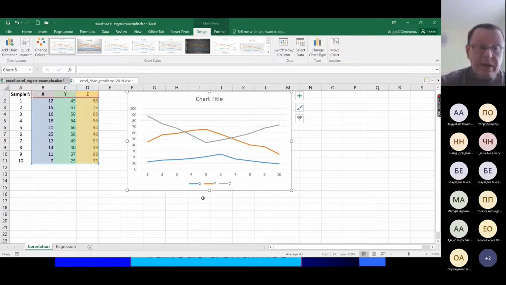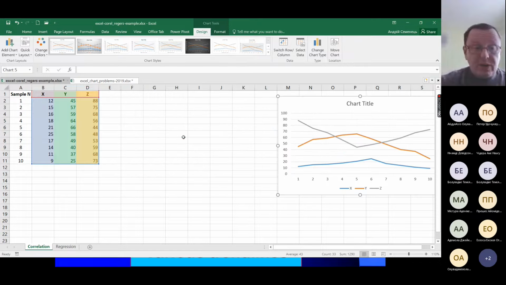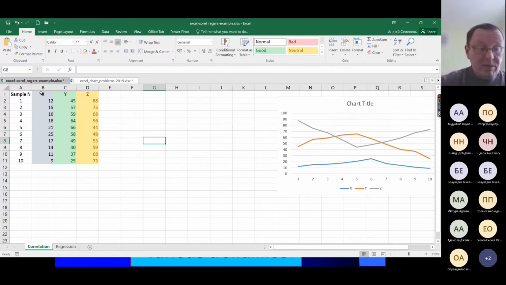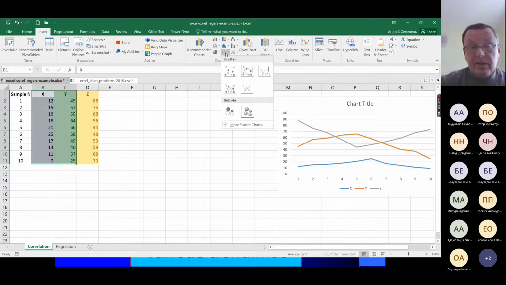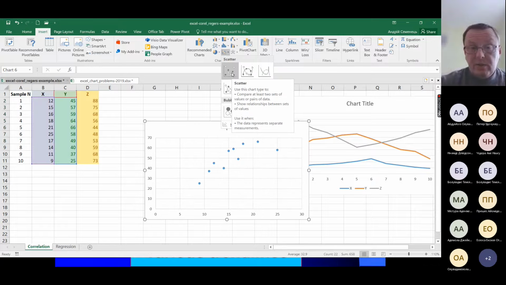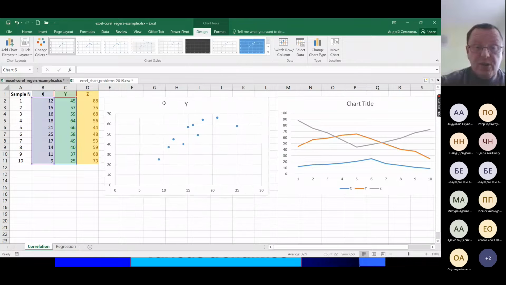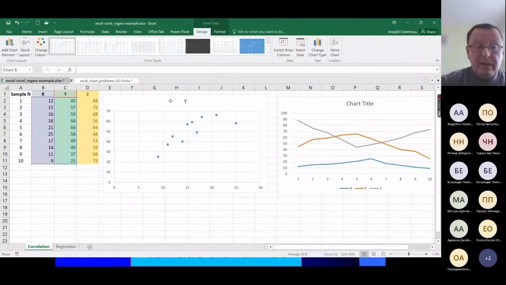If we want to make a really visual assessment and identify correlation between variables with a chart, again only an XY scatter could be used in this case, because by definition this type of chart provides the relationship between independent and dependent variable.